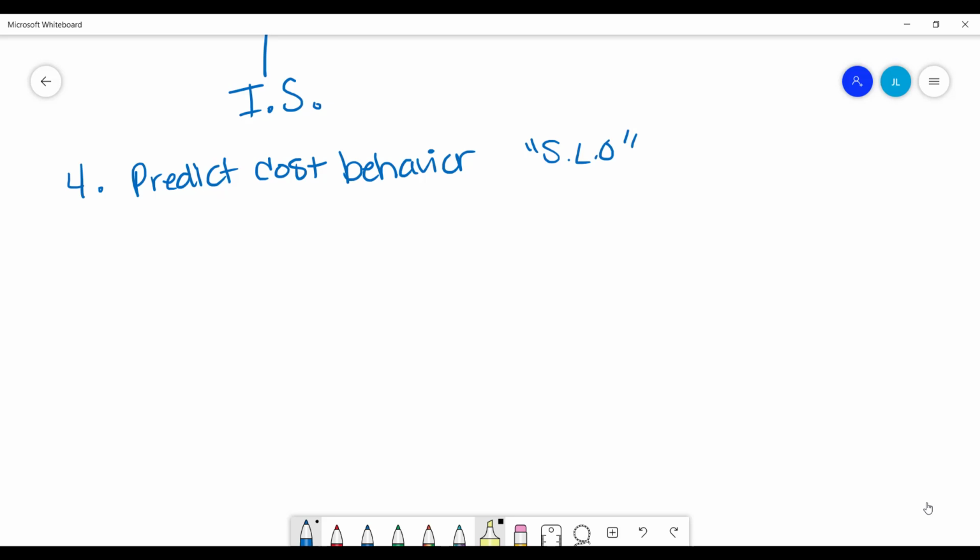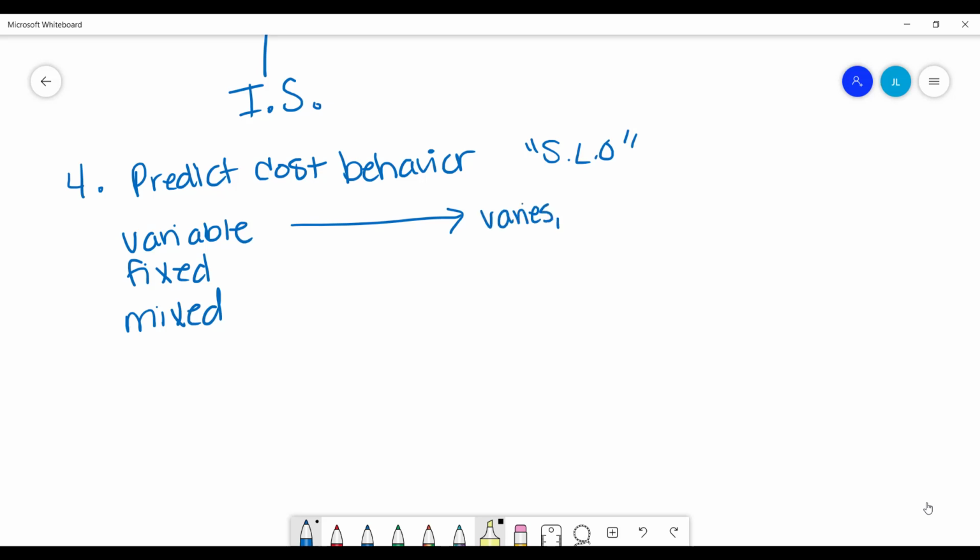Now for our class, we're going to look at the 3 most common cost classifications, right? And that's going to be a cost is either going to be seen as variable, fixed, or mixed, okay? A variable cost, okay? This kind of cost varies in total in direct proportion to changes in the level of activity.